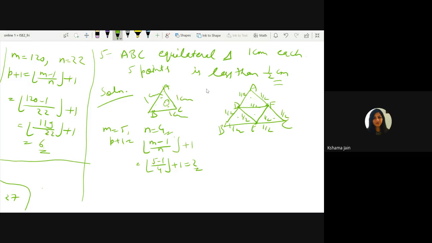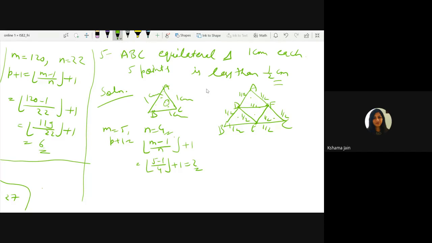Now if we put 5 points inside these triangles, we see that the pigeonhole principle can be applied.